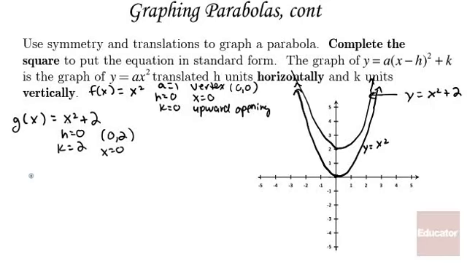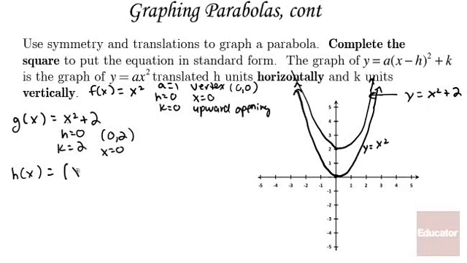So let's see what happens when I change h. Let's get a third function. We'll call it h of x equals x minus 1 squared. Okay, now what I have here is h equals 1. k, if I look here, is 0.